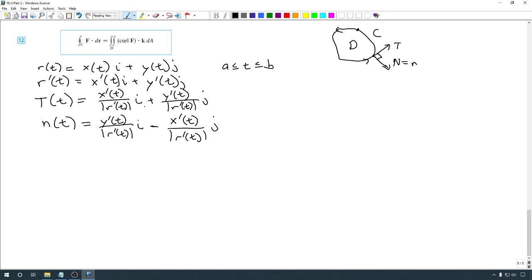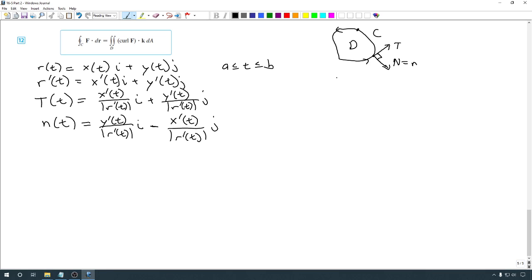You can verify pretty easily that the dot product of T and N is always equal to 0. If we multiply those together and add, the fact that we have a minus sign here and the fact that those two products will be the same thing will give us 0 overall. I'm not going to go through all the work of finding that, but it's fairly clear that these two are orthogonal to each other at all times.